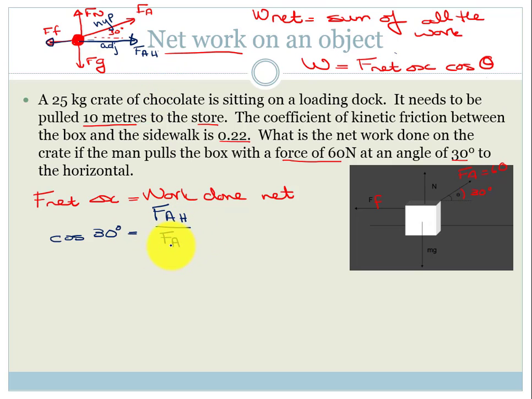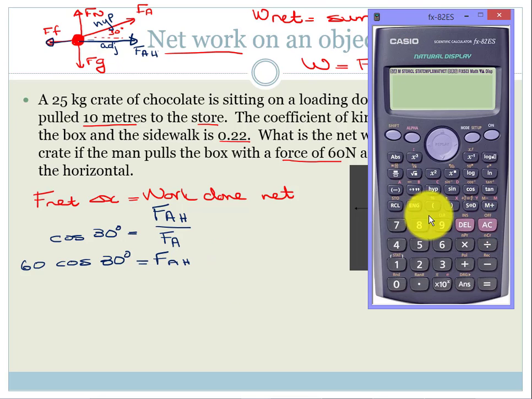So the F applied is 60 newtons, right? So then I can go, well, 60 cos 30 equals F applied horizontal. And now I need to whip out my calculator. There we go. So we've got 60 cos 30 equals 30 root 3, which doesn't help at all.